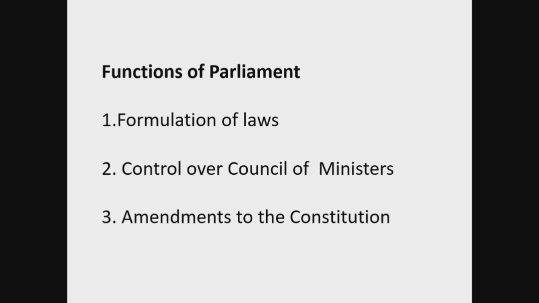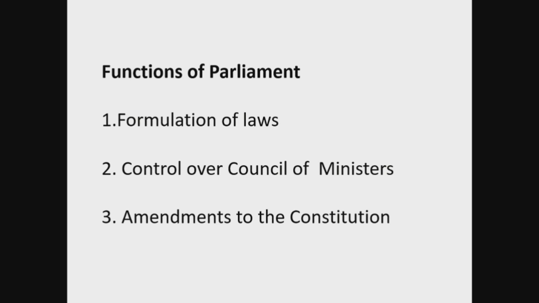The Constitution mentions various ways of amending the Constitution. Which are those ways? The first one, a few provisions in the Indian Constitution are amended by simple majority of the Parliament.